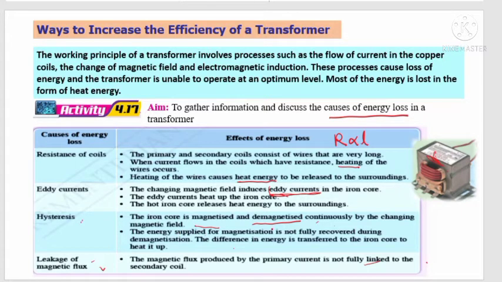The energy supplied for magnetization is not fully recovered during demagnetization. So there must be work done for the process of magnetization and demagnetization. So this also will cause energy loss in the form of heat energy.